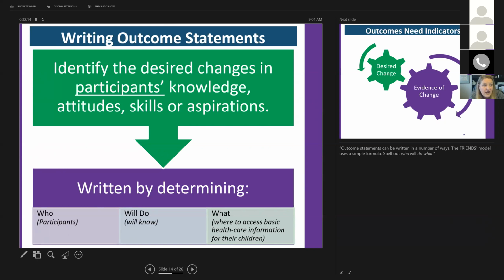You can use the chat like McKinley did, which was super effective, or you can also unmute and ask a question. All right, good deal. Not hearing or seeing anything, I'm going to go ahead and move us forward.